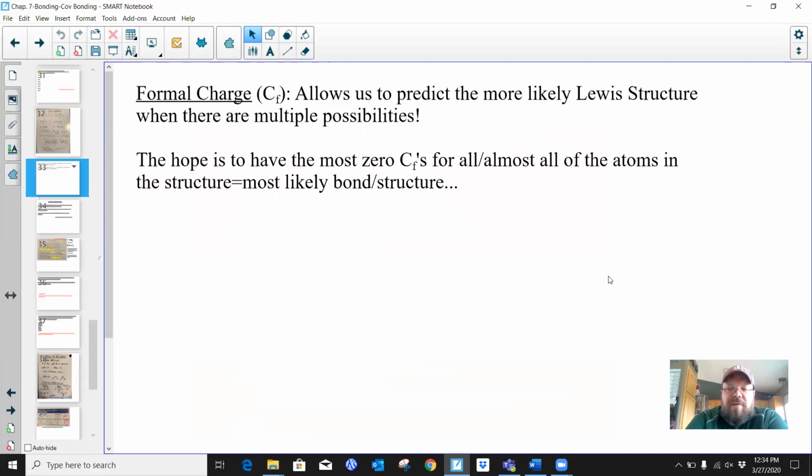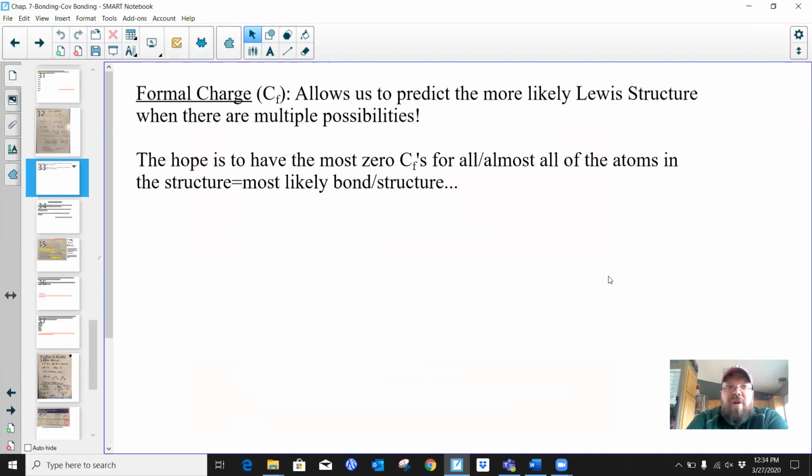Formal charge calculation is a way for us to ultimately predict which one is the better, more likely version when you're coming up with different ways to construct these Lewis structures.